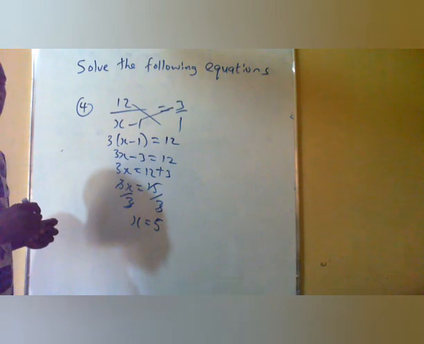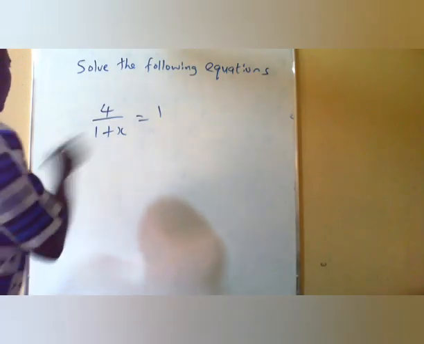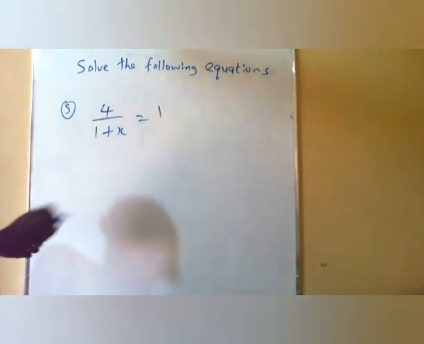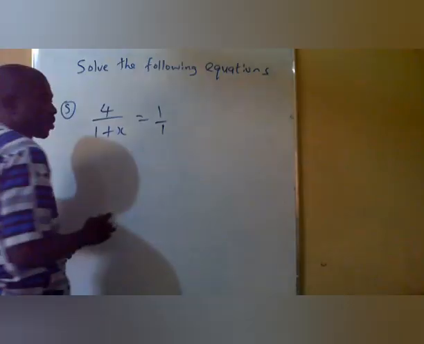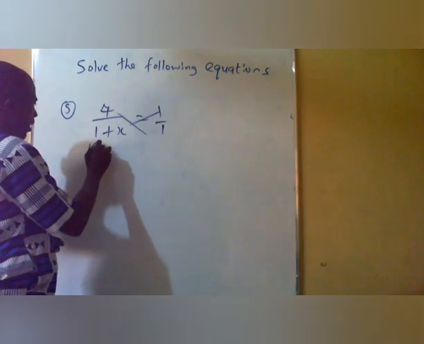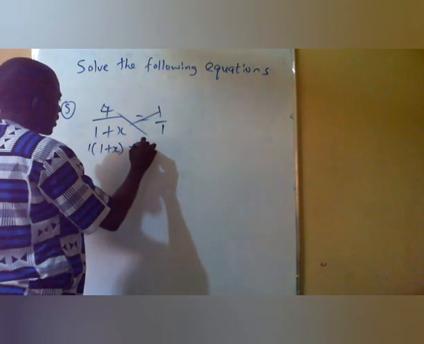Now let's move on to the last one, the last part of the question, which is number 5. The same process, we cross multiply. So 1 open bracket 1 plus x close bracket, then 4 times 1 is what? 4.